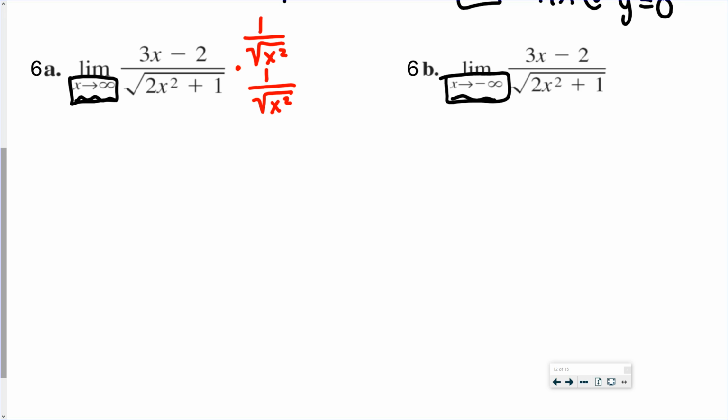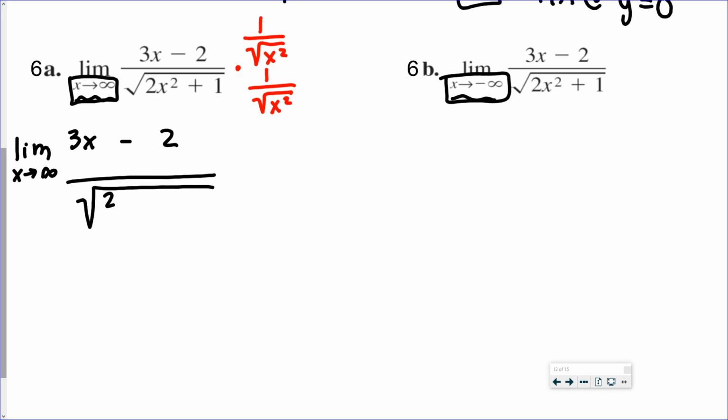Okay, so I'll show you how this algebra works. So we have 3x minus 2. Oops, don't forget your limit notation. I'm going to divide these all by the square root of x squared.